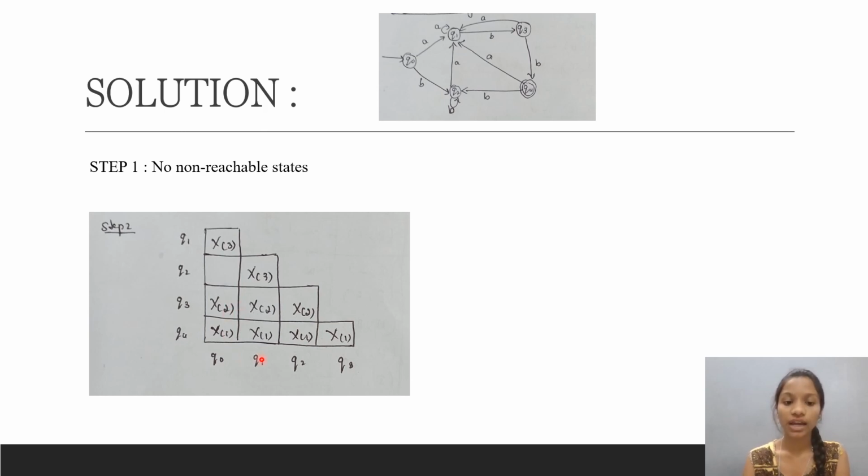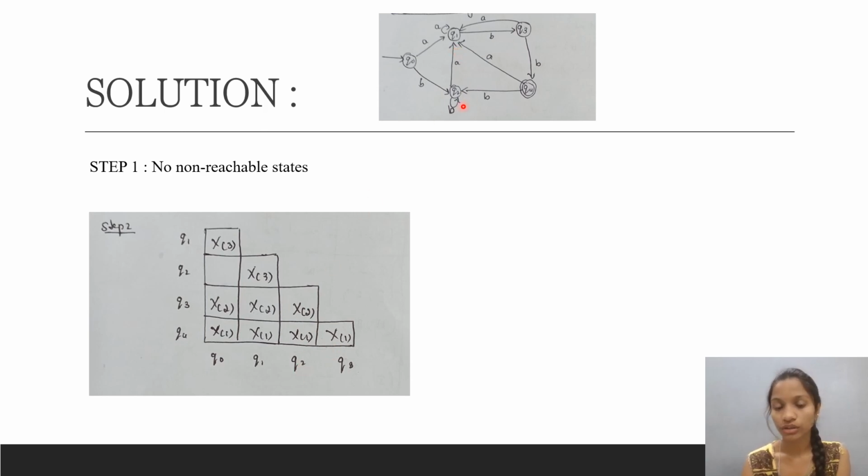Then again we have to check Q1, Q2. Is either a final state? No, so we should not mark. And Q1, Q3, is it marked? No. And Q1, Q4. Here Q4 is a final state, so we'll mark it and denote it as the first step. Then again we check Q2, Q3.